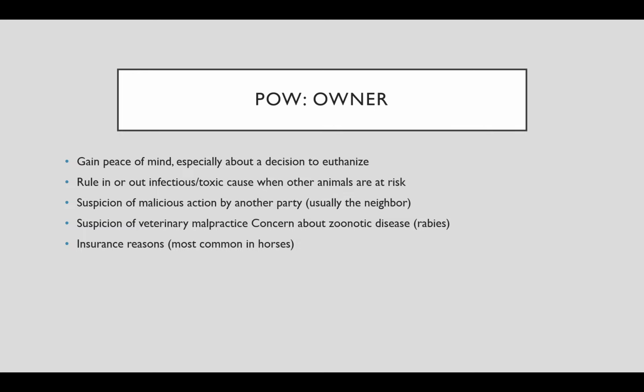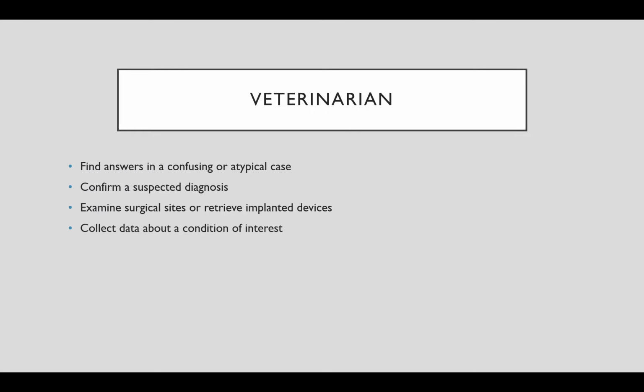Suspicion of malicious action by another party, usually a neighbor, suspicion of veterinary malpractice, some concerns about zoonotic diseases like rabies, and insurance reasons, most commonly in horses.